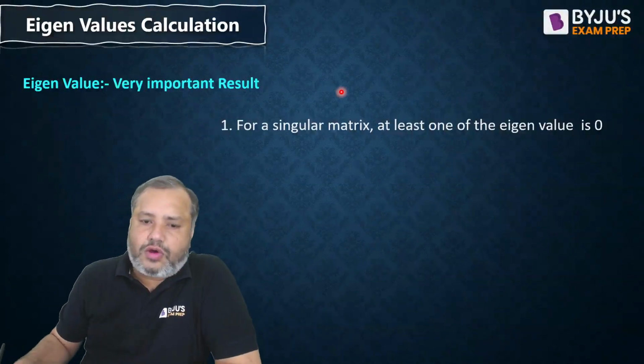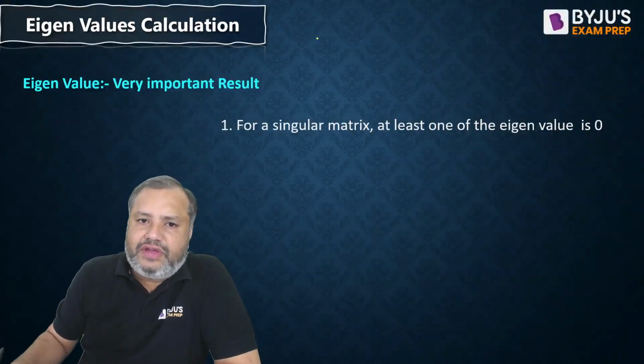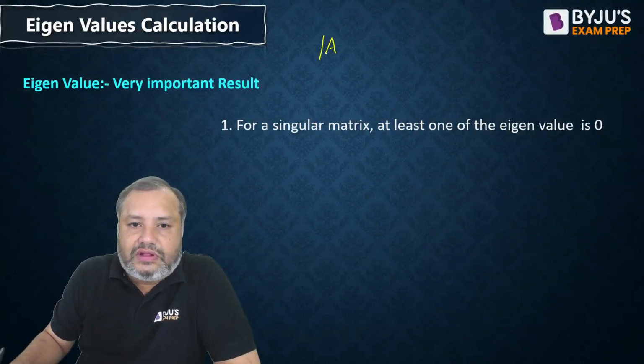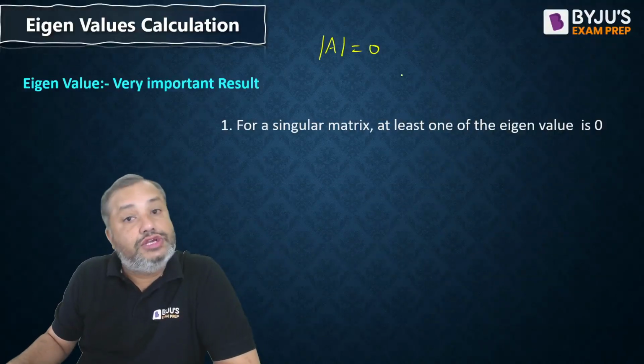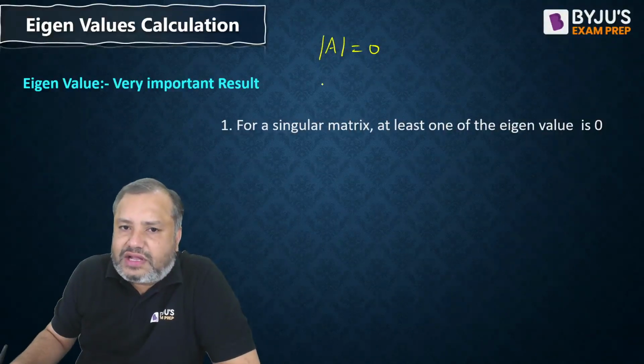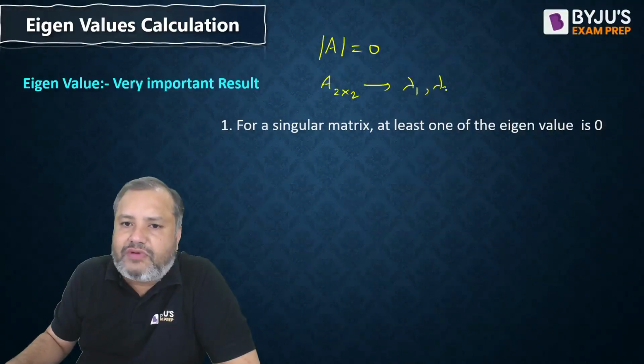Few more points. Students, as I already told you, if you are having a singular matrix, then its determinant will be 0. Now, we also know that determinant is nothing but the product of the eigenvalues. So if you are having a 2 cross 2 matrix, then it will be having 2 eigenvalues, lambda 1 and lambda 2.